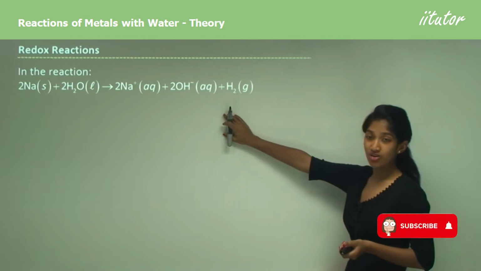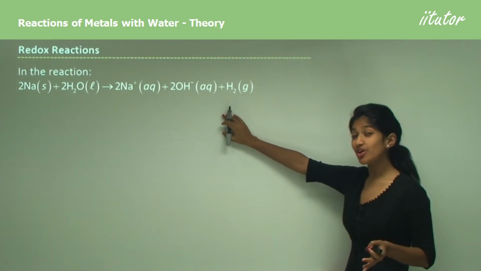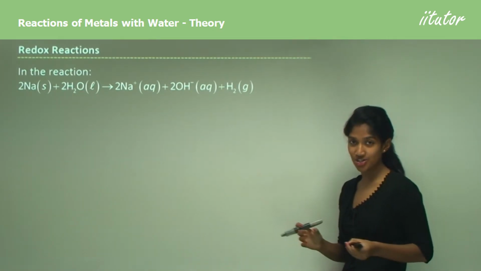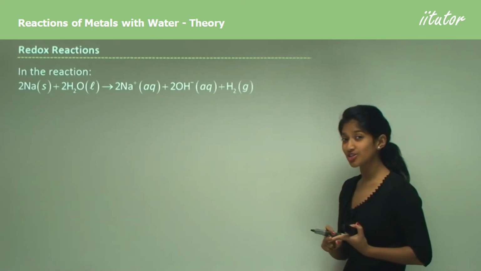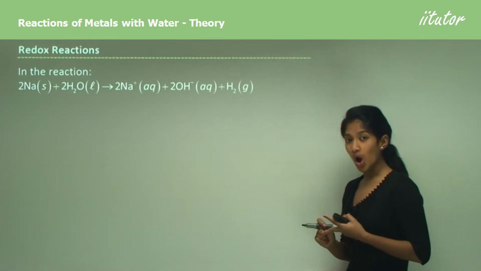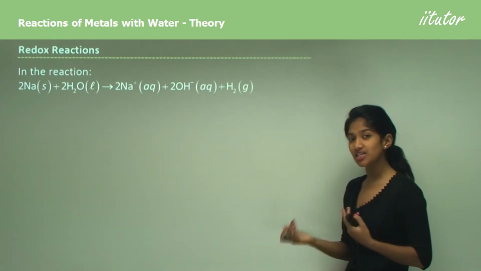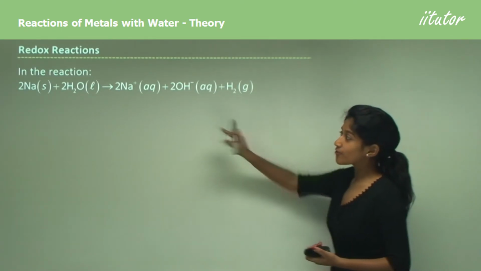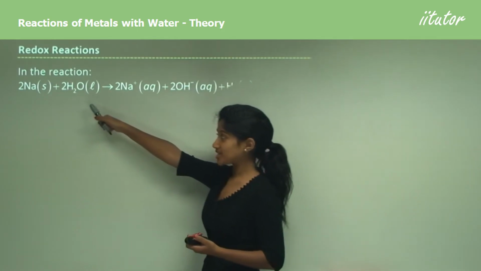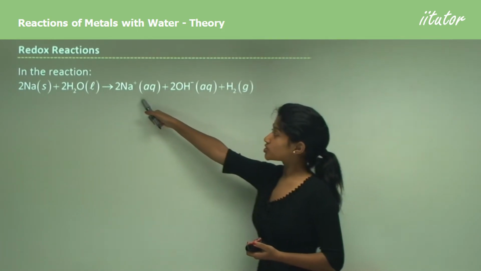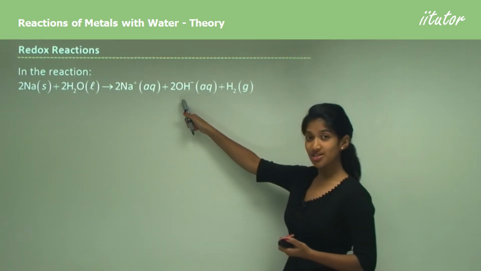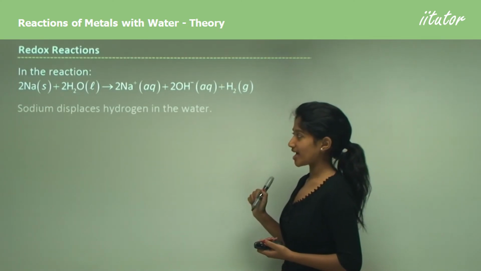Now let's look at a redox reaction. If you remember back, redox reactions have two half reactions occurring in them. One is a reduction reaction and the other is an oxidation reaction. Between these two reactions, there is a transfer of electrons. If you look at this, we have sodium reacting with water to form sodium ions, hydroxide ions, and hydrogen gas.